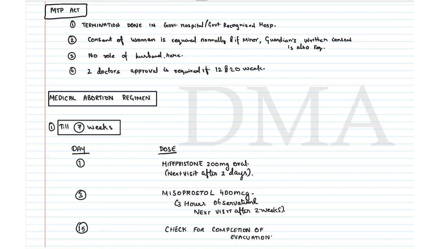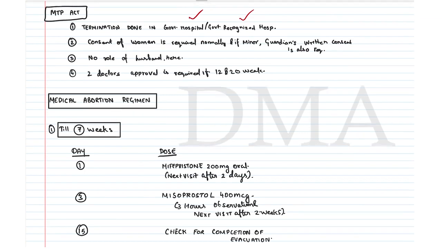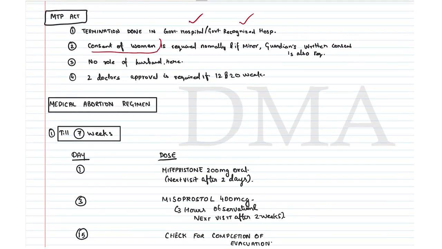Okay. Next, termination is done only in a government hospital or government recognized hospital. If they want to do it in a private hospital, they have to get approval from the CMO of the particular district, that is the Chief Medical Officer. Next, for abortion, normally the consent of the woman is required.